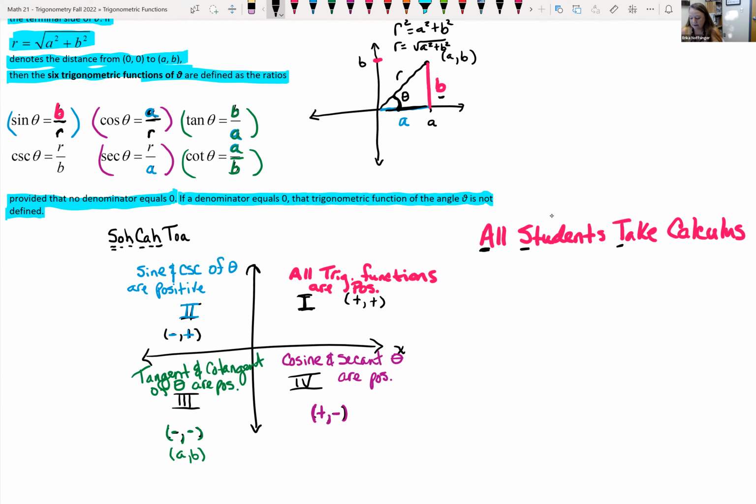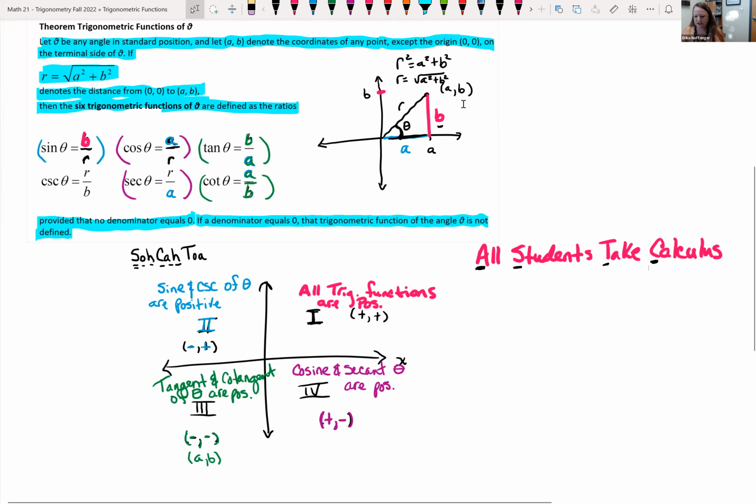That one's positive in quadrant 3. And calculus, C stands for cosine, or the reciprocal of cosine, which is secant. That one's positive in quadrant 4. It's just a saying that could help you memorize if it's positive or negative in that quadrant.